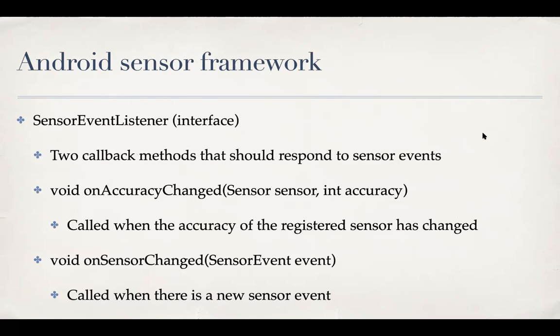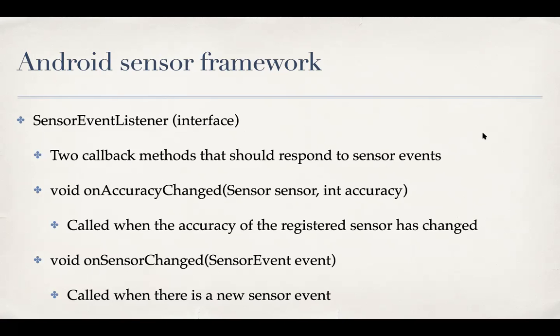Finally, you have the sensor event listener, which is an interface, not a class. So it provides abstract methods which need to be implemented by the activity or fragment that is going to handle it. It has two callback methods. The first one is onAccuracyChanged, which tells you if the measure of accuracy has changed, and there are some int constants that specify the accuracy level.